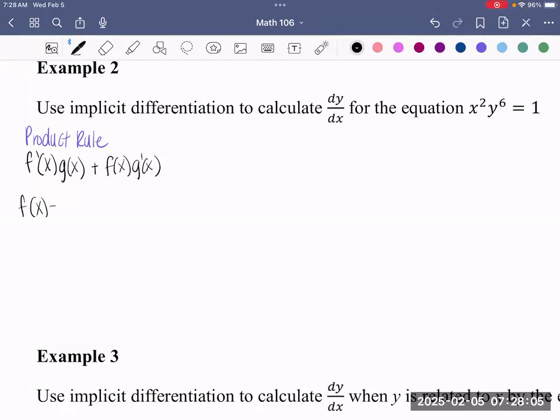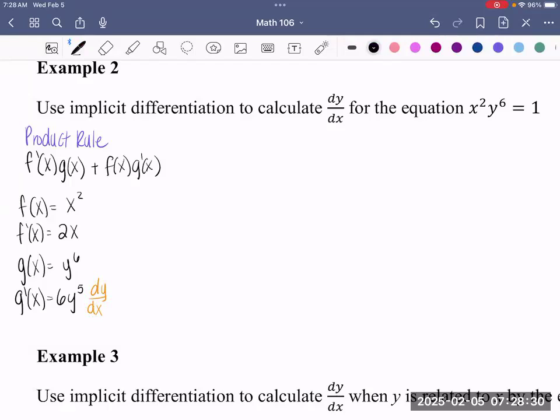So let's say f of x is equal to x squared. Let's go ahead and derive x squared. G of x, we can say, is y to the 6th. Now let's go ahead and derive y to the 6th. 6y to the 5th, we completed your derivative. Now we need to add dy dx.